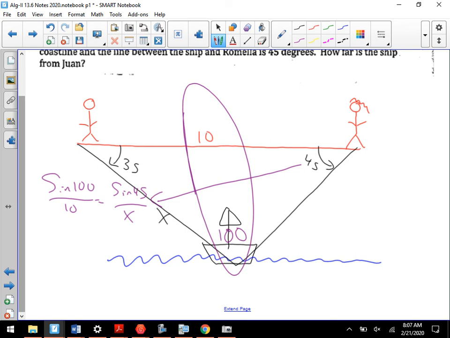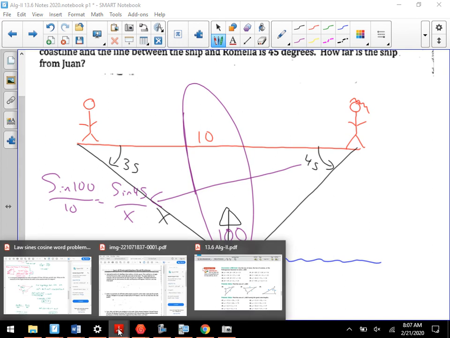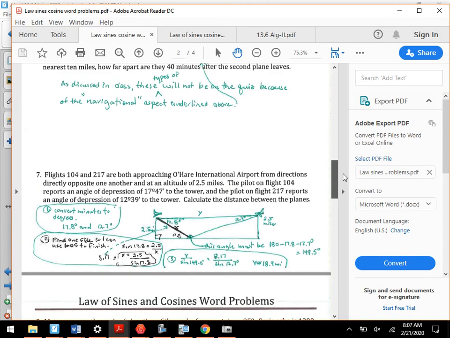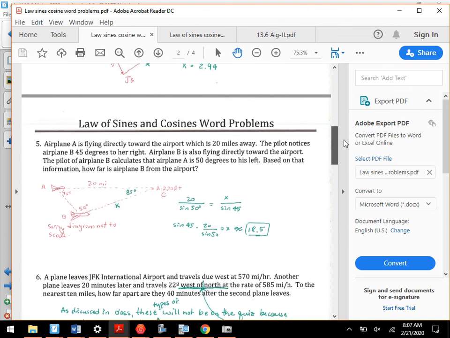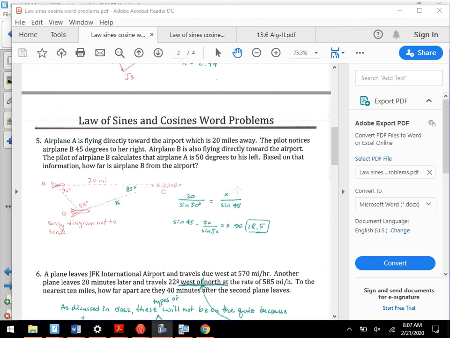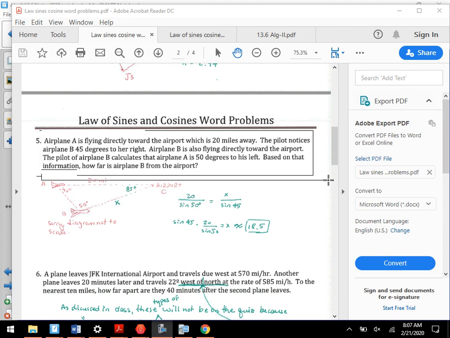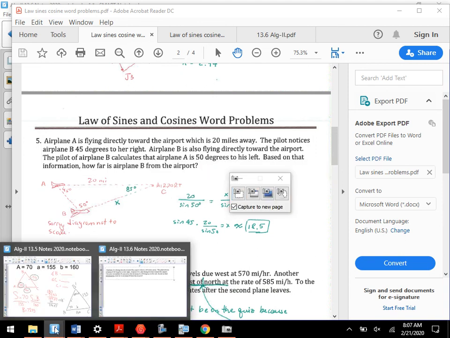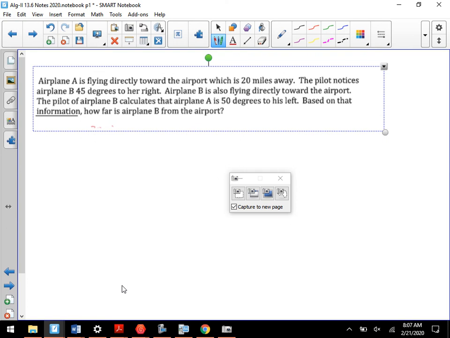Actually, I think I have the other copy of this here. So here it is written out cleaner. It says airplane A is flying directly.